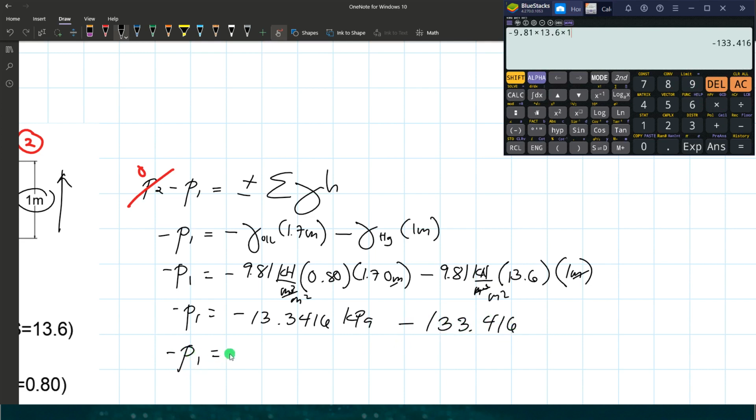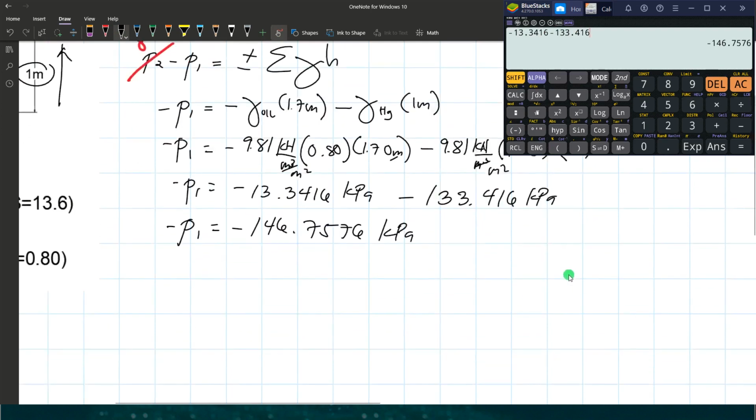So negative P1 equals negative 13.3416 minus 133.416, negative 146.7576 kilopascal.